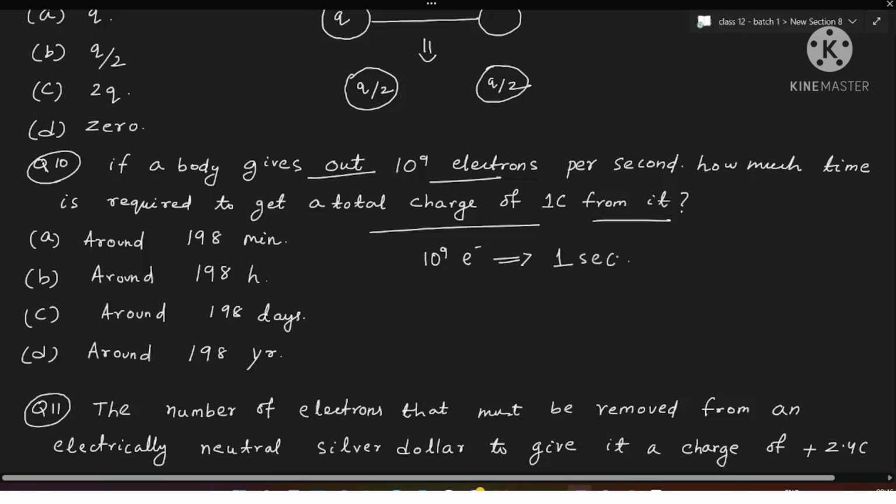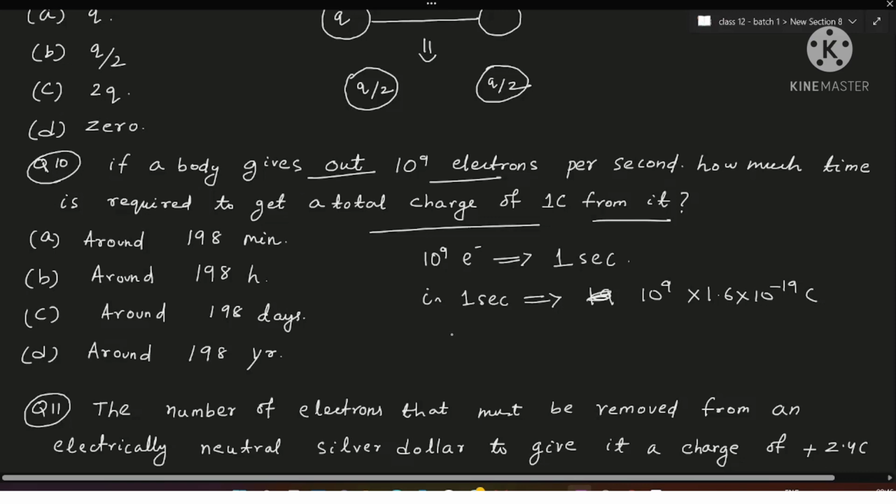So we have to find how much charge it gives in 1 second. In 1 second the charge given is 10 to the power 9 into 1.6 into 10 to the power minus 19 coulomb. But we need a charge of 1 coulomb.